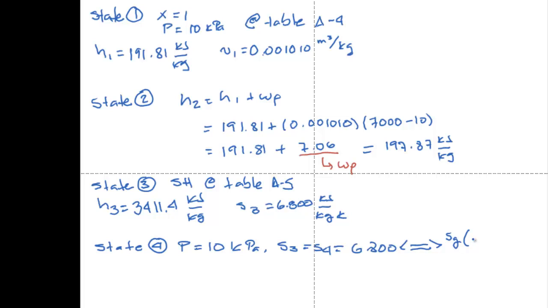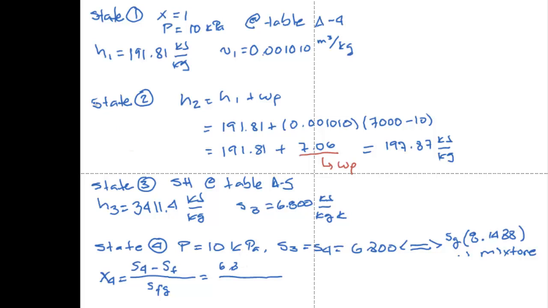If the value that we have for saturated vapor is bigger, that means that we have a mixture. If the value of s4 is bigger, that means that we have superheated. And if it's exactly the same, it is saturated vapor. So sg is 8.14 versus 6.8. We know that we have a mixture, and we know that we cannot use temperature because they are not independent. So we are computing the quality.